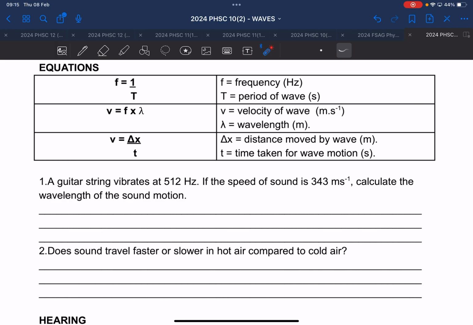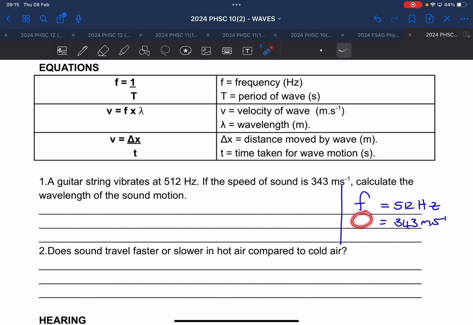Okay, we're going to start with an info table. They speak about 512 hertz. What information do they give us there? And what's the symbol for frequency? F. Alright. Then they give us 343 meters per second. What information do they give us there?